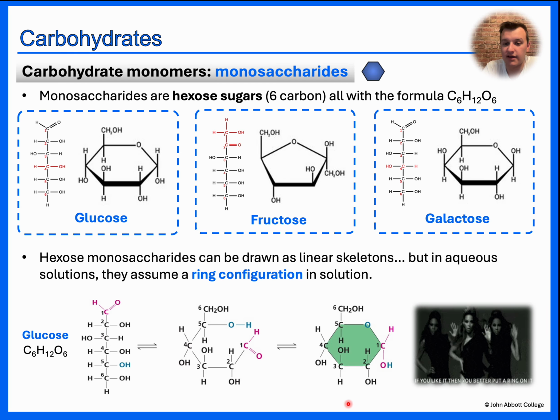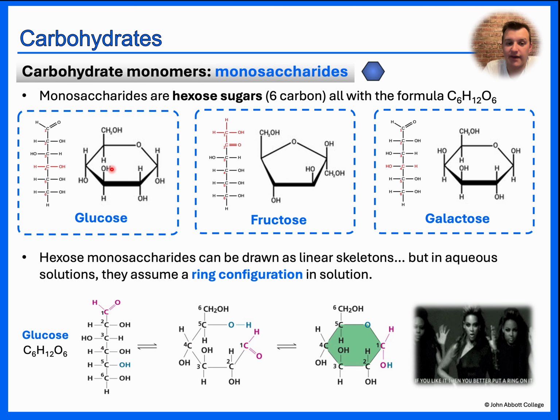This is a ring configuration. This is a glucose molecule. So that's why we draw them as these rings, because in the human body, when they're in watery substances, which is almost all the time, they form these structures, okay? So whenever you see these little hexagons or pentagons, you know that this is a monosaccharide.